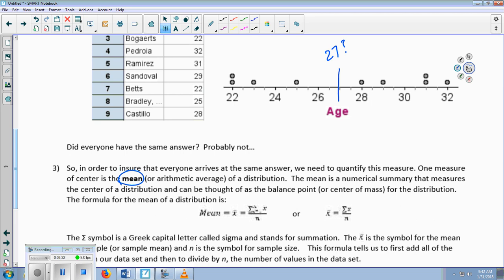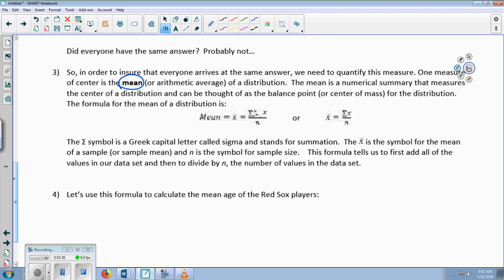In our case, that's 9. The formula for the mean, which didn't copy over that well, looks like this. X bar is the symbol we use for our sample mean. It's equal to the sum over all of our X's, where the sigma symbol just means sum. We sum up all the X's and divide by n, which is the total number of observations.